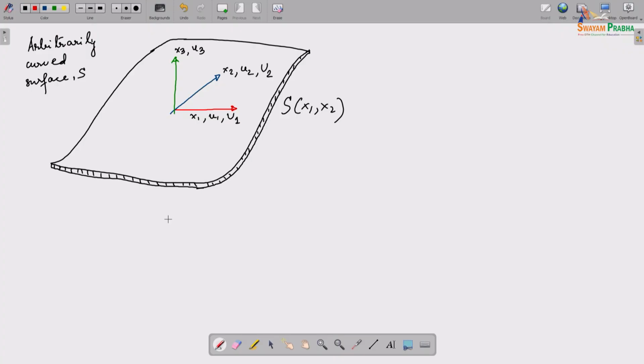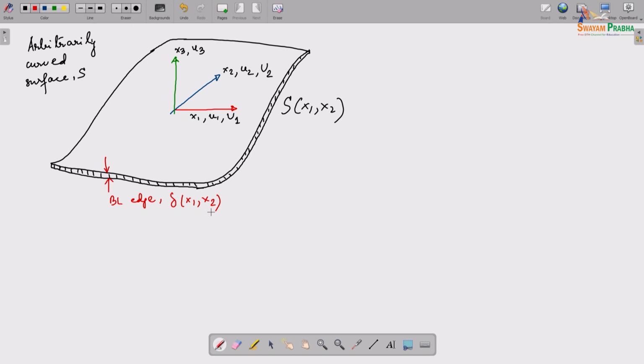Then this is the boundary layer edge, and this is the delta, which now depends on x1 and x2.